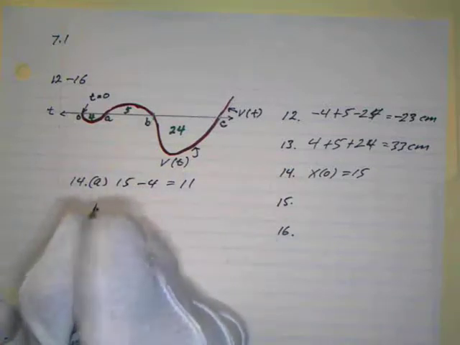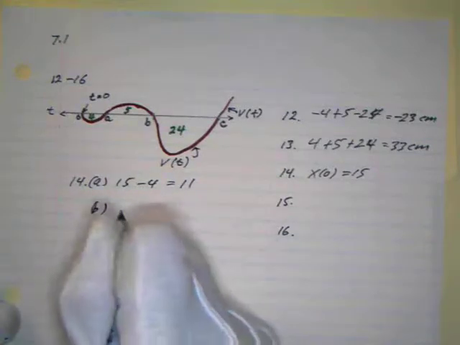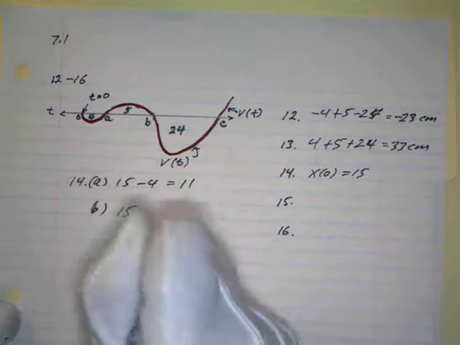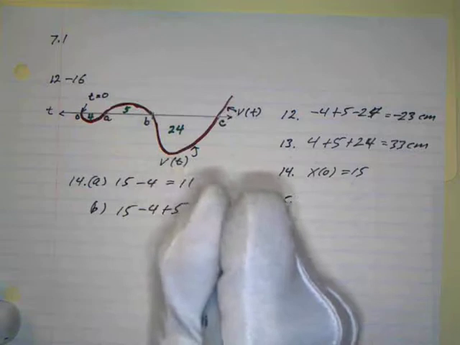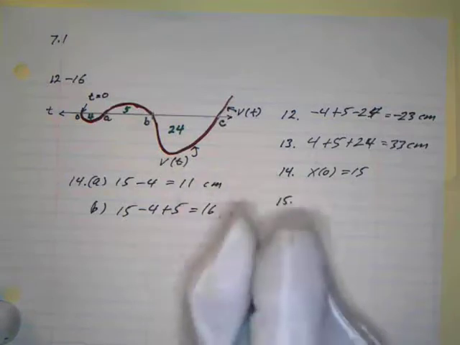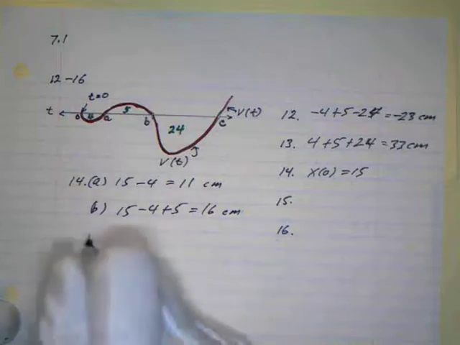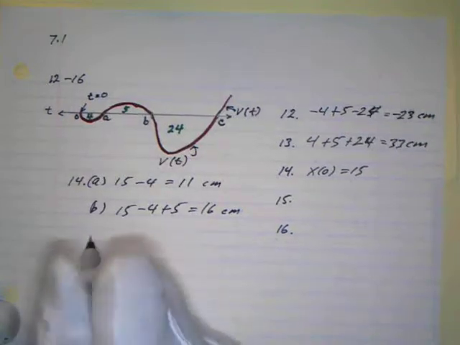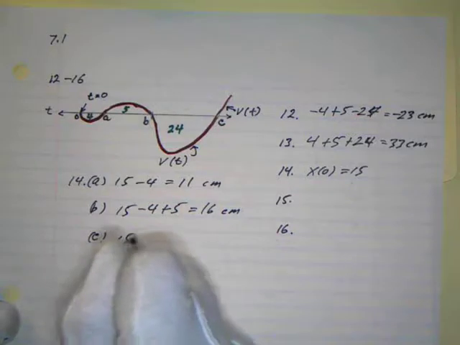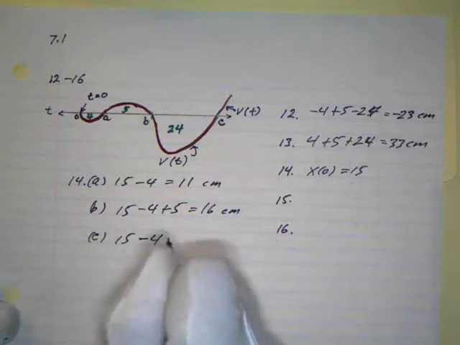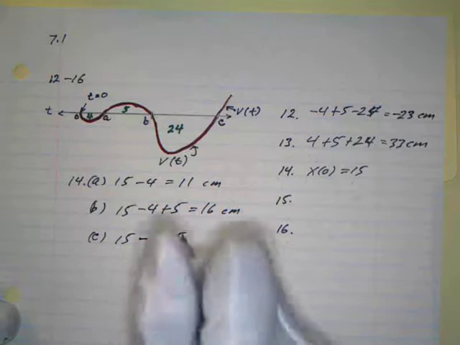B, that will be 15, and to the left 4, but to the right 5. So that means I end up at 16. And I guess that'd be centimeters from the initial point, or centimeters from wherever the 0 point was, or to the right, I guess. And letter C, 15, to the left 4, to the right 5, and to the left 24.